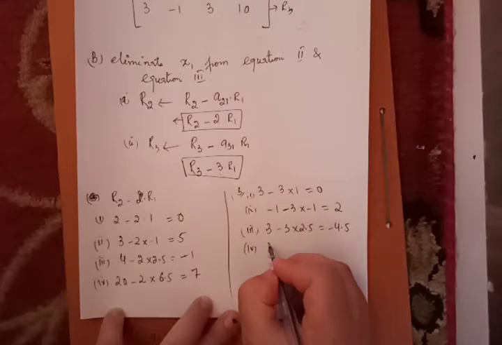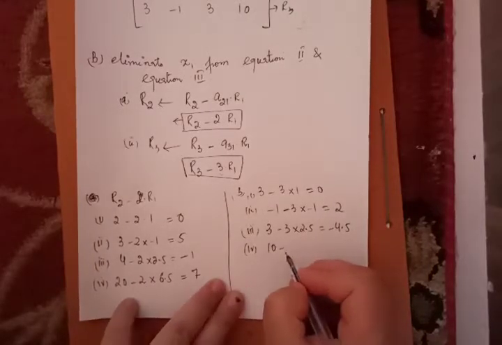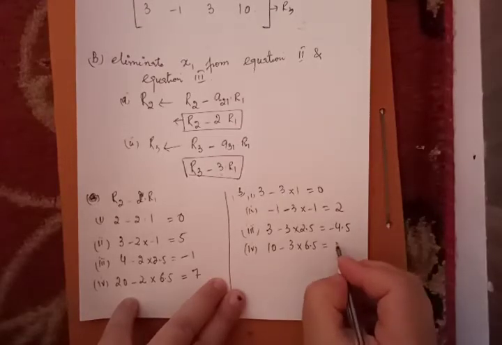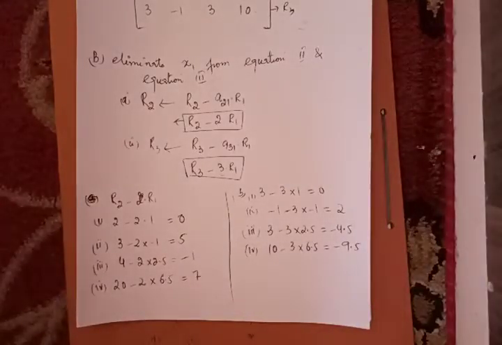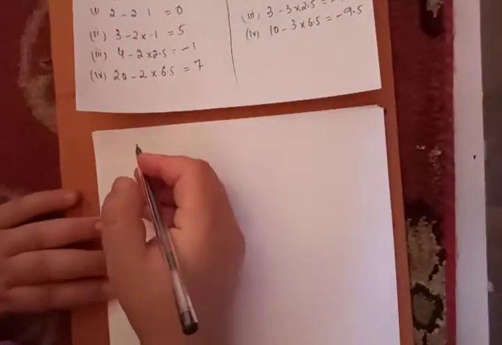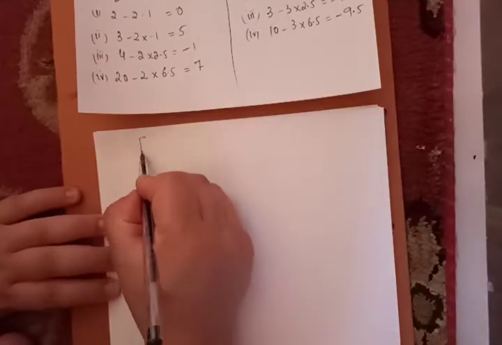And then we have 10 minus 3 into 6.5, which is equal to minus 9.5. Please check the calculations carefully. Maybe somewhere the calculations might be wrong, but anyway, I hope this is correct. So our new system will be like this.